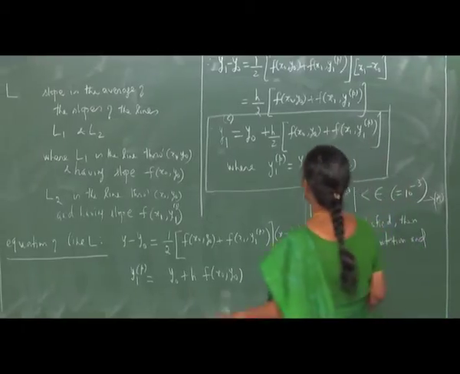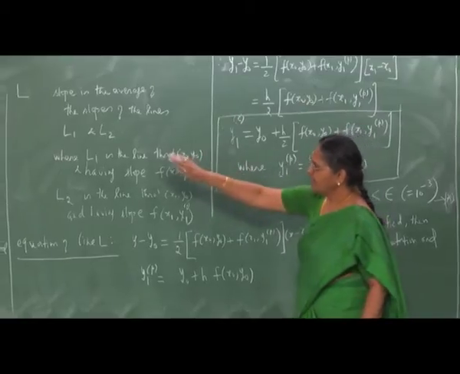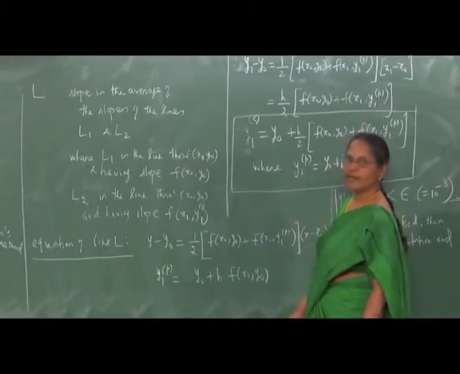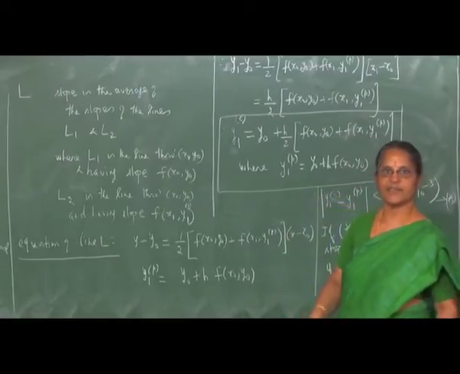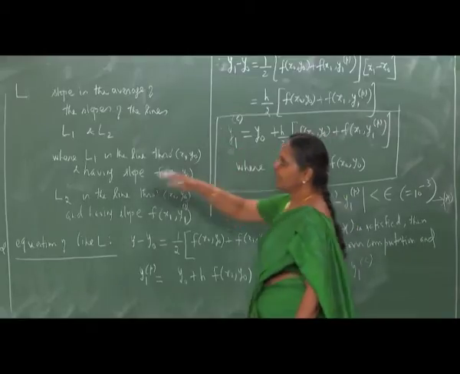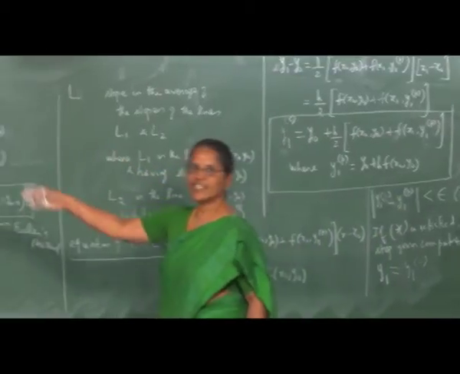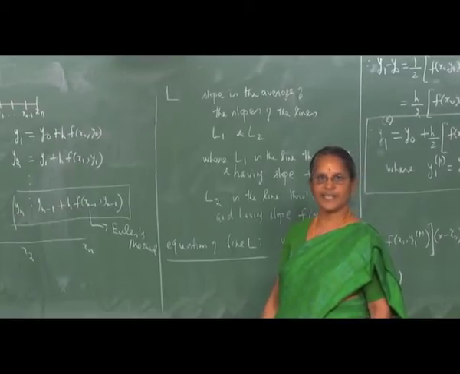Namely, I am able to predict the value of y1, which is the ordinate at x1, and I have scope for correcting it. Not only correcting it once, but I can make successive recorrections till the desired degree of accuracy is obtained.